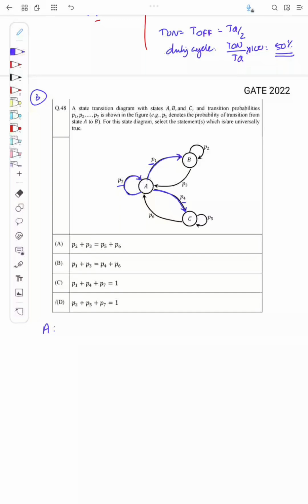So A can either remain at A or transition to B or to C, right? That is only 3 cases, with probabilities P1, P7 and P4, right?